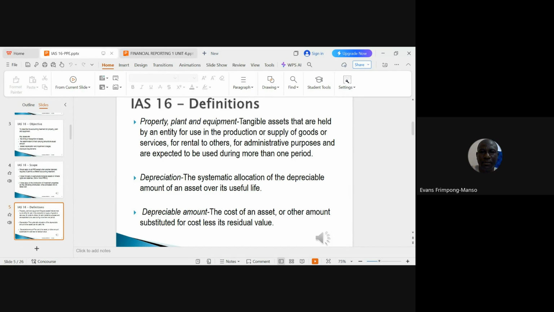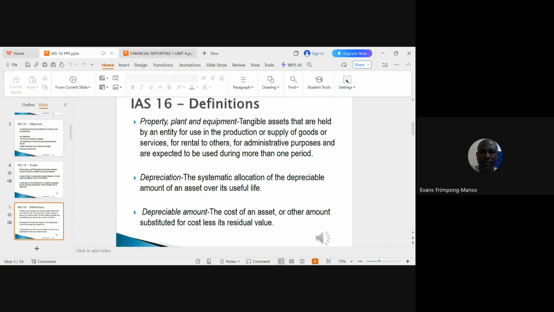I assume that in your foundations of accounting, you were treated to depreciation, the various methods that can be used in calculating the annual depreciation and the factors to take into consideration.